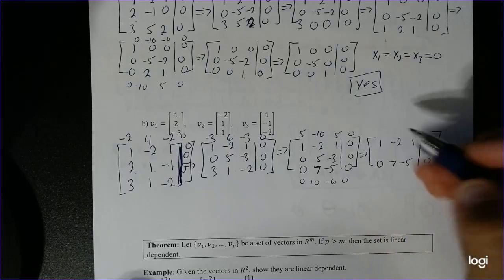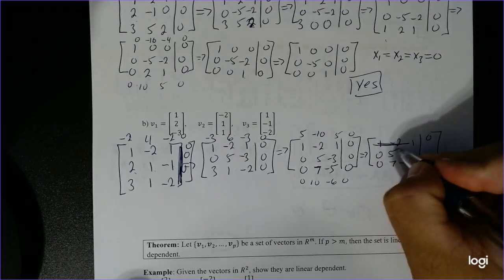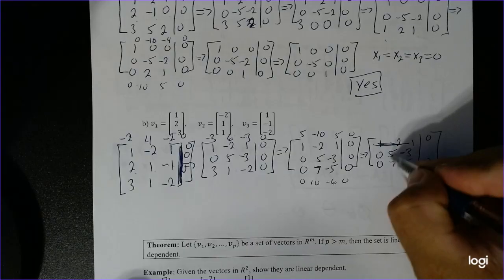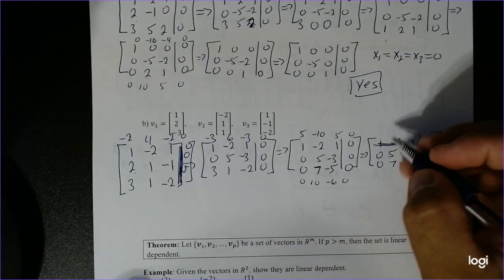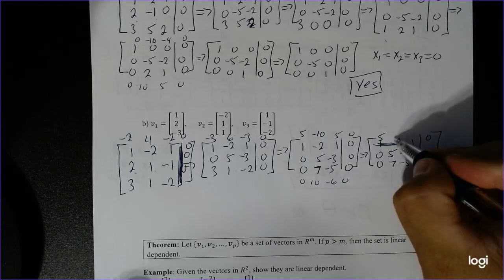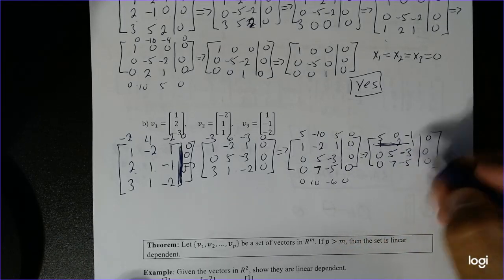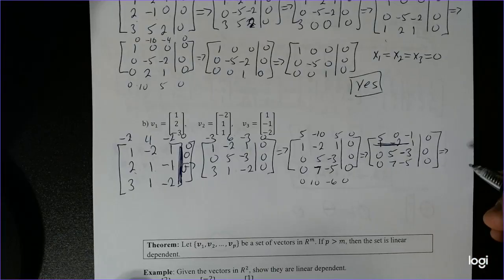Oh, I guess I have to change this. That's fine, because that's going to give me the 1 again. I guess I should have just done it here. That's fine, I already did the work. All right, so now I can just do this part.